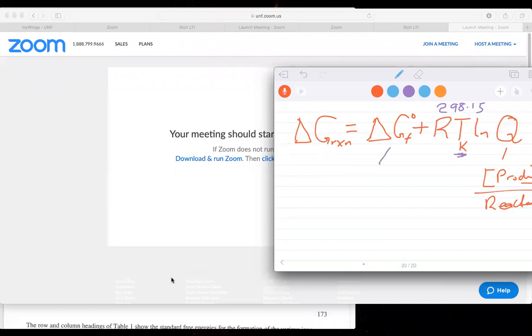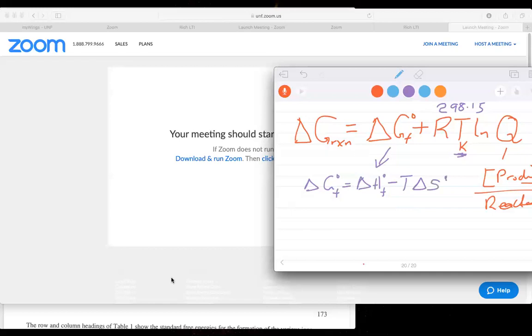For this one, we use the equation I gave you before. This is delta G naught formation, which is given by delta H formation, subscript formation, minus temperature. And remember, we are using 298 times the change in entropy.